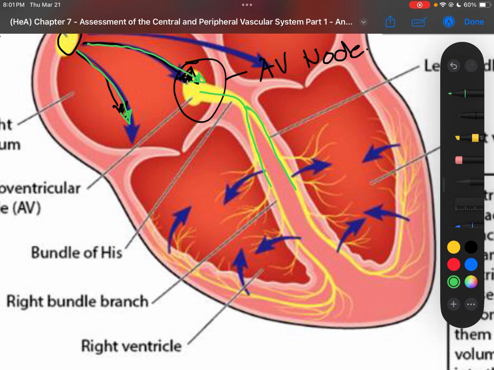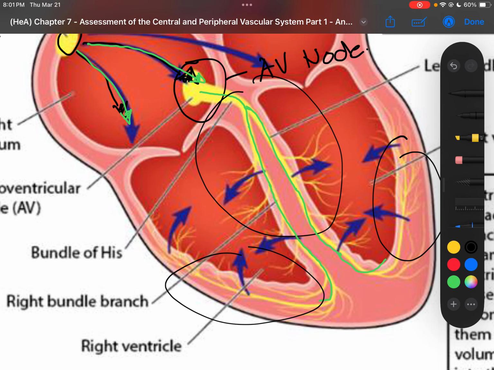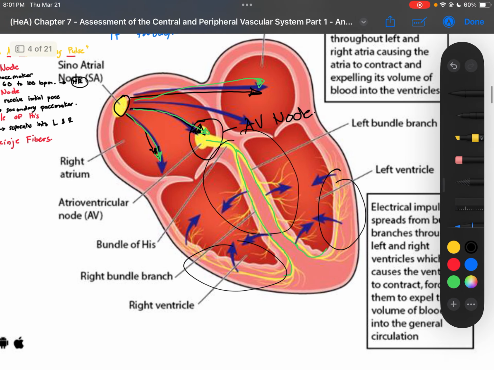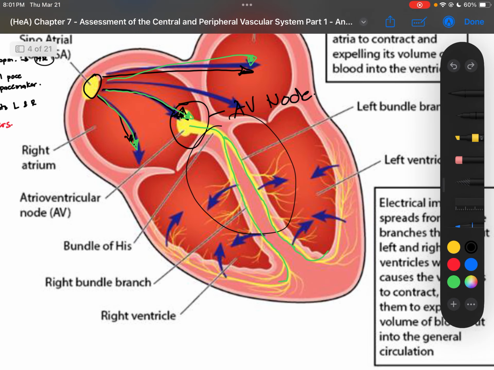This is the crucial part. Now it is traveling down very fast, class, because this is electricity. And then once it reaches this point, the one that curves up, also known as your Purkinje fibers.